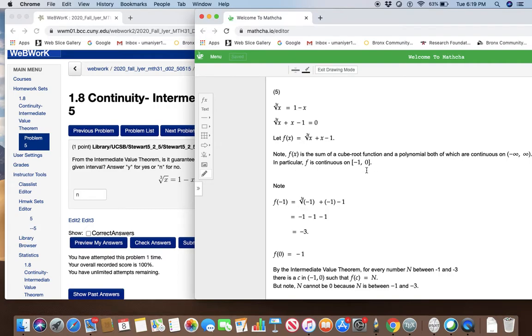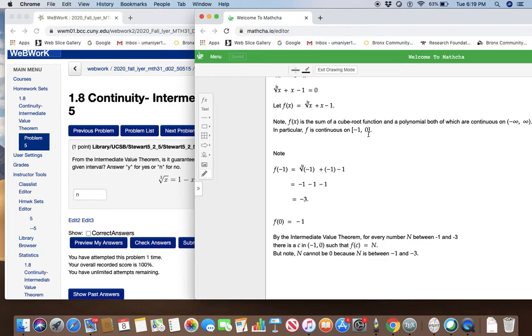I'm going to take the closed interval because I want to evaluate it first. So what happens at f at -1? Plug in -1 for x. Cube root of -1 is -1, and -1, and another -1. So that's -3. Now plug in the other endpoint 0: 0, 0, negative 1.